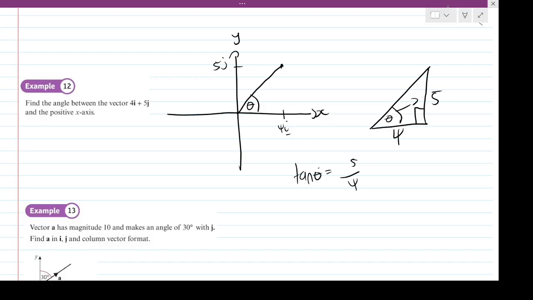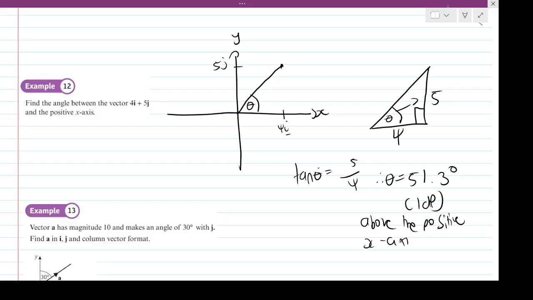So theta is inverse tan of that, which is 51.3 degrees to 1 decimal place. So that's the angle above the positive x-axis. That indicates the direction, so the trajectory is 51.3 degrees above the x-axis. That represents where the vector's going, okay?